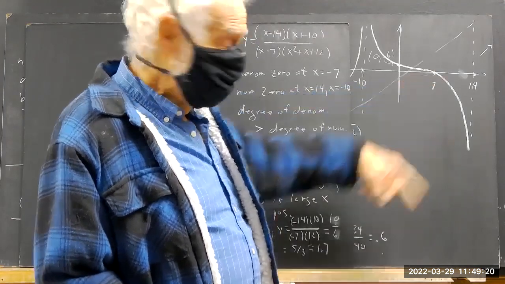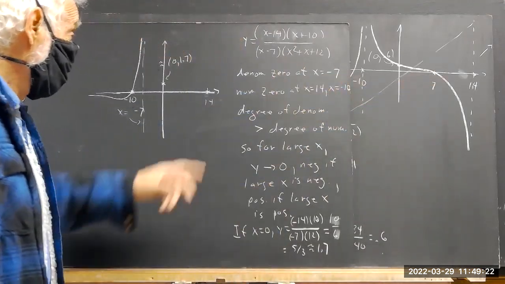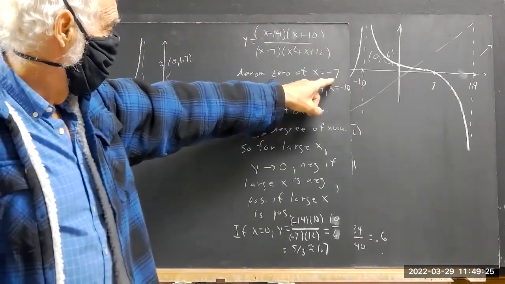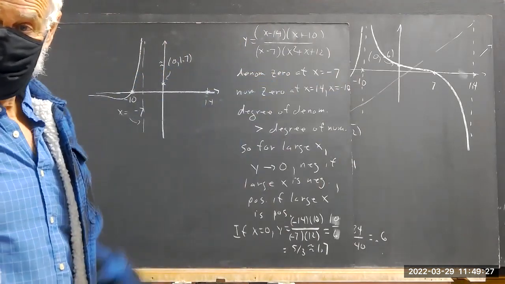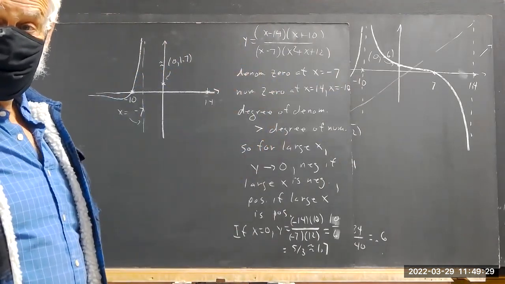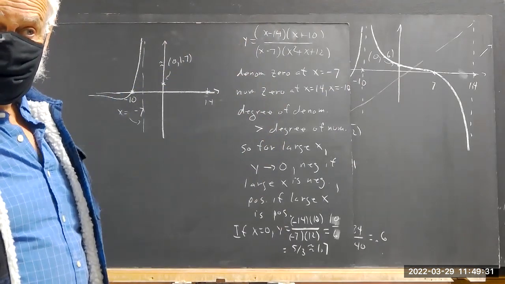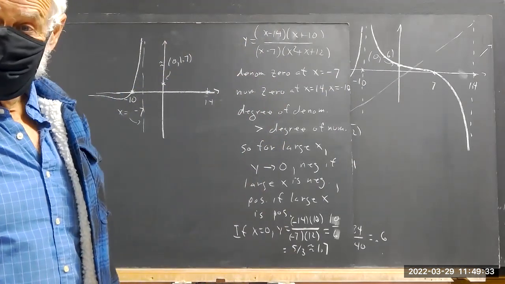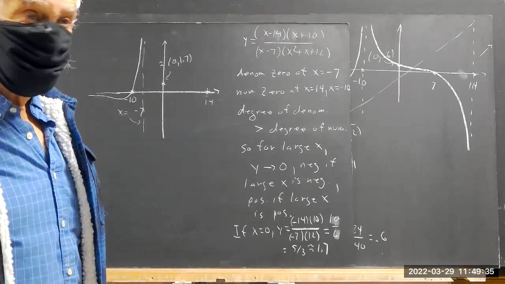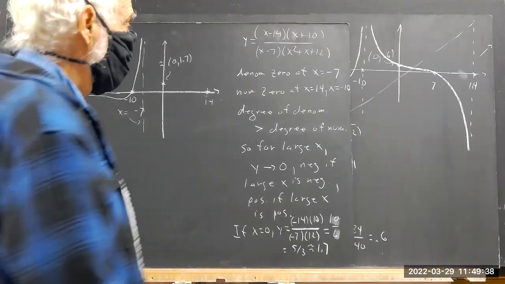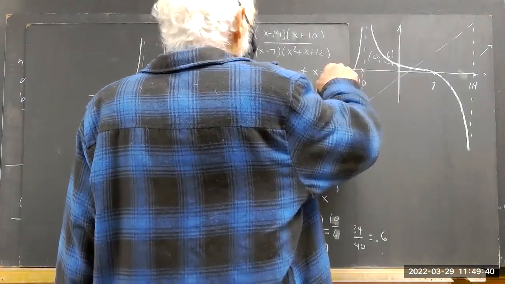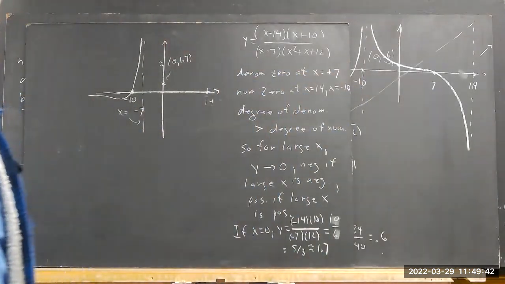Okay, and being careless by nature, I wrote down x equals negative 7, right? The denominator's not 0 at x equals negative 7. So I don't know why you let me do that. But you all need to get on the ball, okay? It should be at x equals plus 7, and now it's going to be okay.